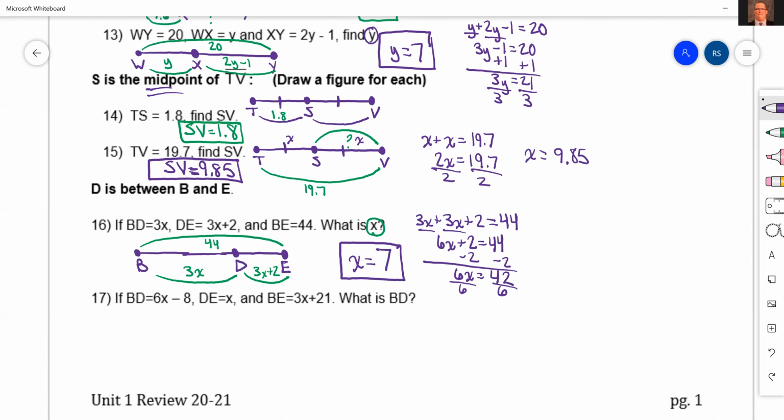Number 17. We're still using the same concept. D is between B and E. Okay, let's label what they give us. It says BD, baby daddy, is 6x minus 8.